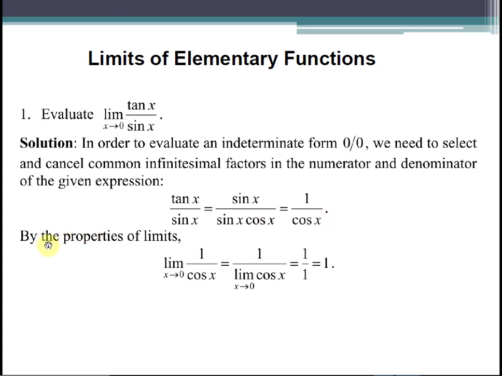And by the properties of the limit, we can write 1 over the limit as x tends to 0 of cosine x, which is equal to 1 over 1, because cosine 0 is 1, and the answer is 1.